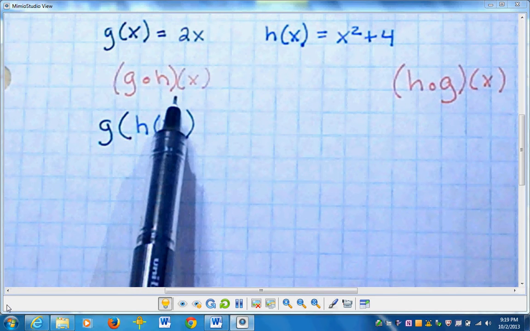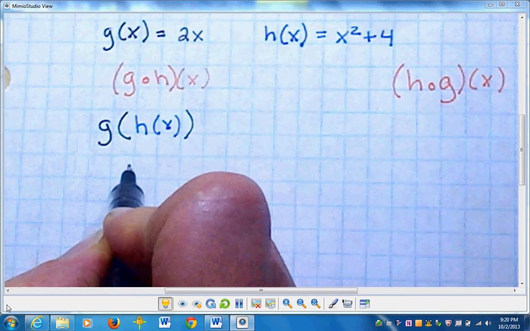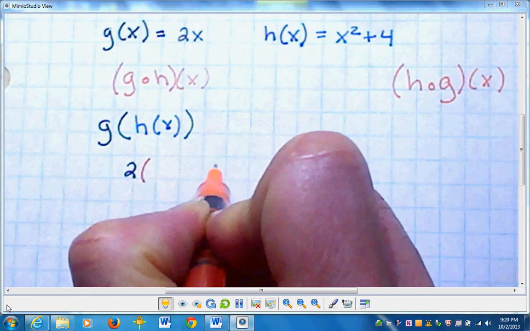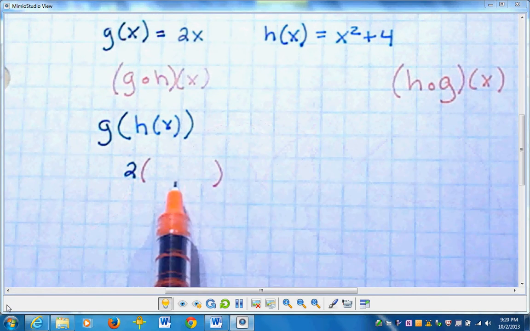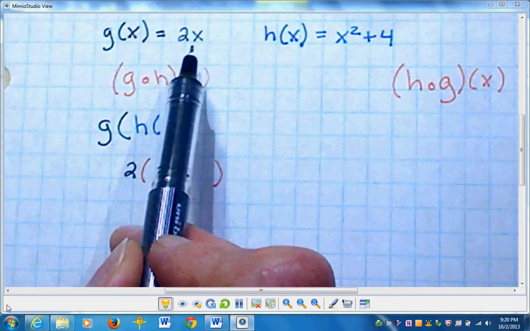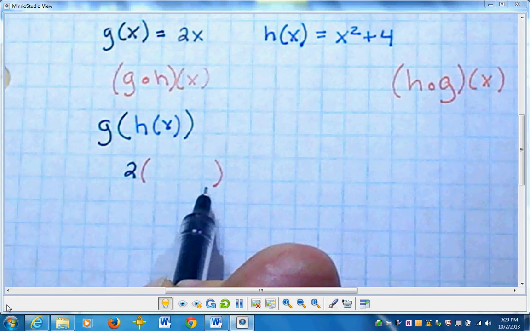So the way I'm going to do that is I'm going to take my g of x function, which is 2x, and then wherever I have an x, I'm going to put a parentheses and hold open a space. So my 2x becomes 2 parentheses with a big hole.